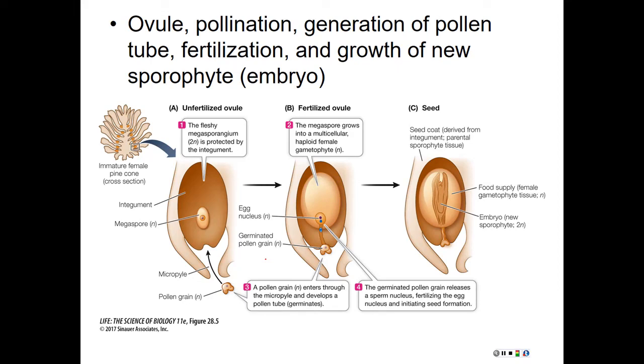And so a really cool thing's going to happen when the pollen grain gets within proximity of the ovule. It is going to germinate, and when it germinates, it will generate a pollen tube.